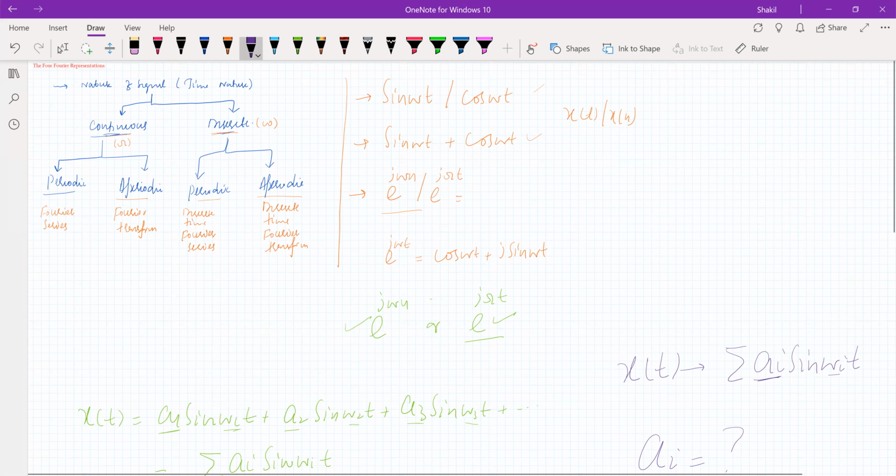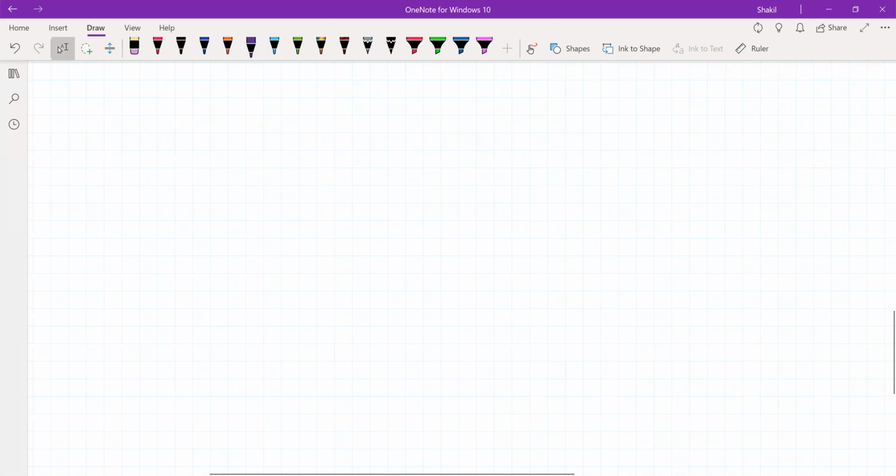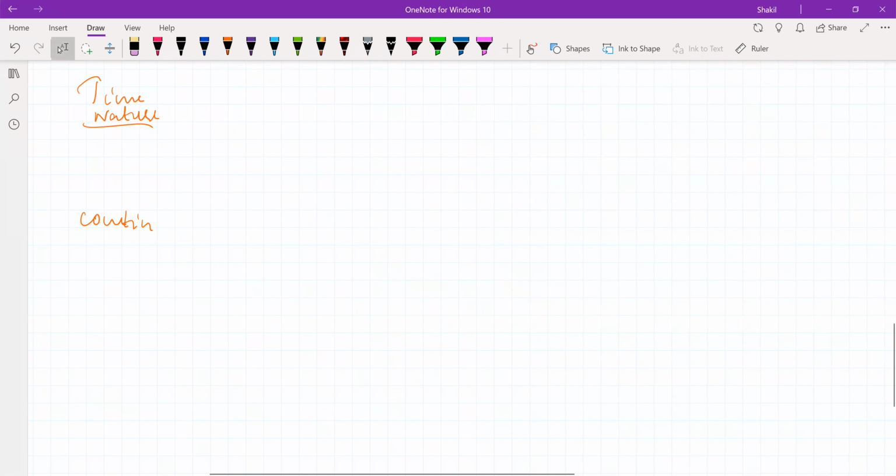Now to illustrate this, let me show you these four different Fourier representations. What is the Fourier series? What is the Fourier transform representation? What is the discrete time Fourier series representation? What is the discrete time Fourier transform representation? Based on the class or the nature of the signal, we have two classes of signals: one is continuous, another is discrete.